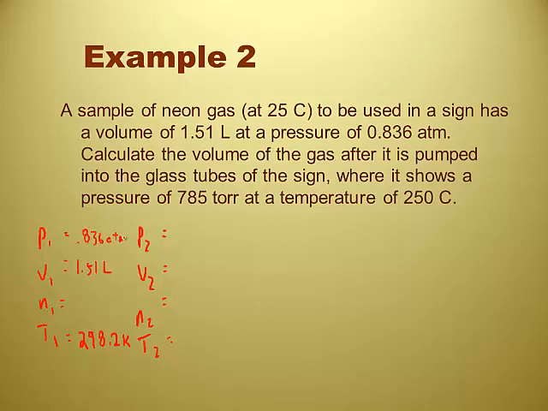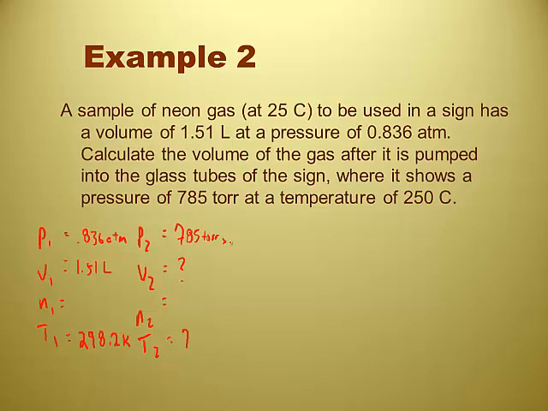0.836 atm. All right, they don't mention N at the moment. Then it says calculate the volume. So volume 2 is going to be my unknown. Of the gas after it is pumped into the glass tubes of the sign, where it shows a pressure of 785 torr. Now that's got to be in atmospheres.